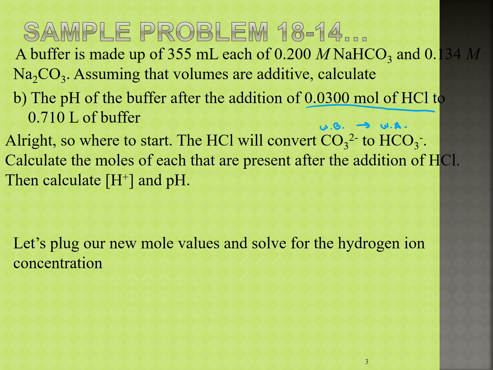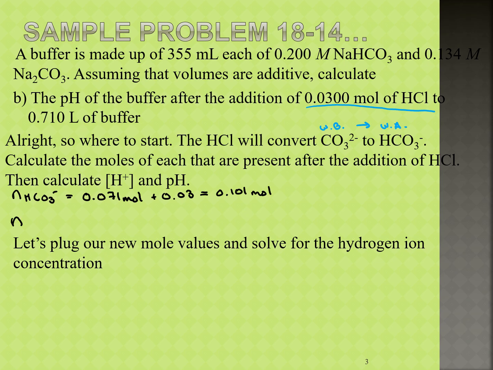So let's see. We start with calculating the number of moles of my weak acid. I started with 0.071 moles of it. That was from part A of the problem. We are making 0.03 moles of weak acid because the weak base is converting 0.03 moles into that. So we get 0.101 moles of that.